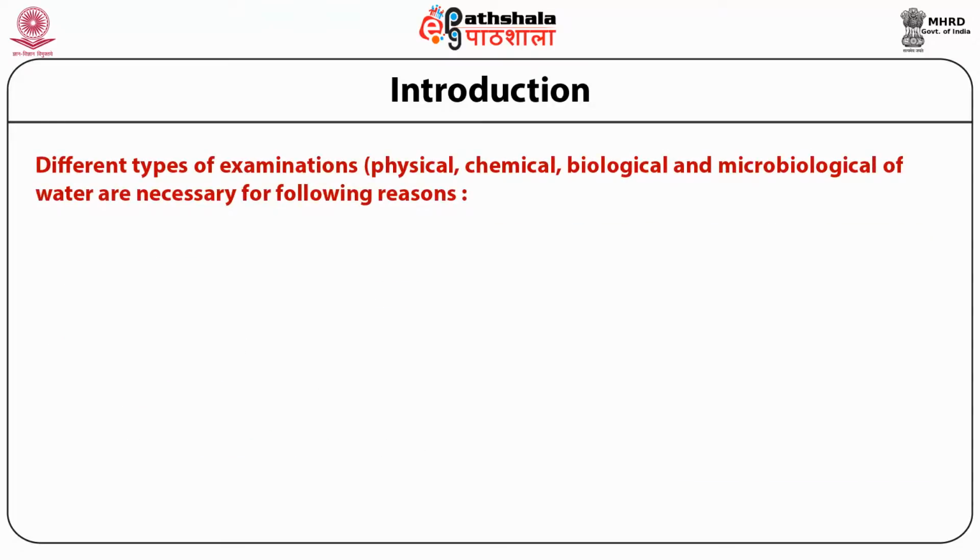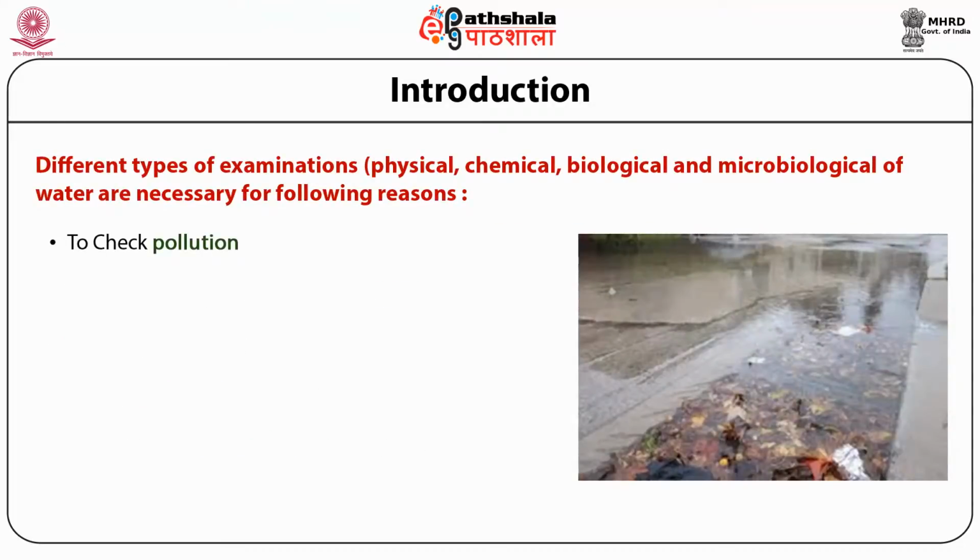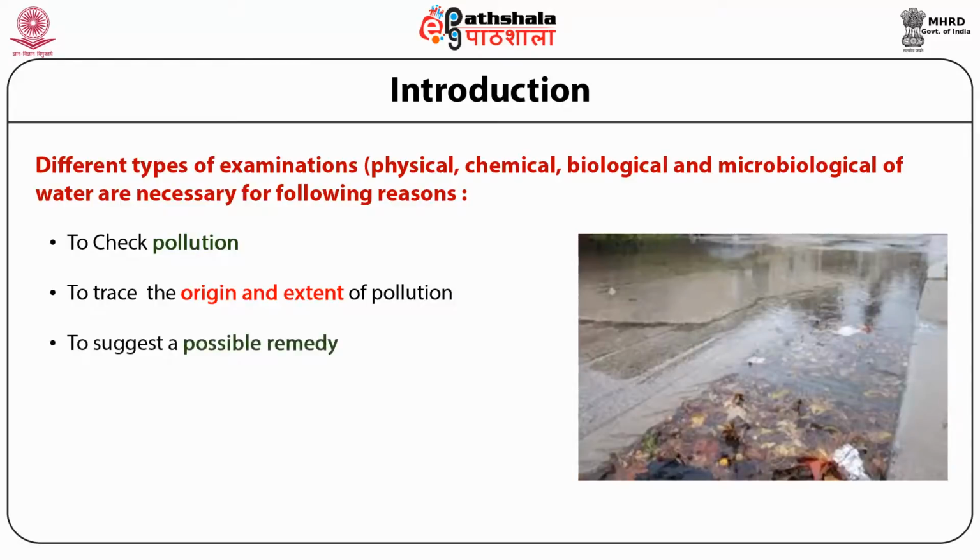It is also necessary to determine whether any pollution has occurred in a watercourse, to trace the origin and extent of pollution, and to suggest a possible remedy. It is also essential to determine the efficiency of natural purification when sewage and industrial waste are discharged into the watercourse.